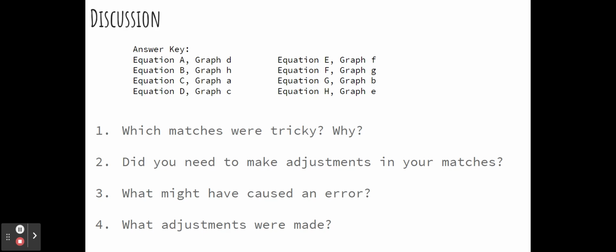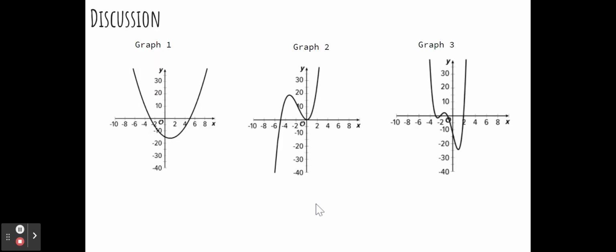Okay, so one thing that we need to talk about with these graphs is, let's look at these three right here. The first one, hopefully you can see that the shape of this graph is a parabola. If you looked at the equation, the highest degree, or the highest exponent value, would be a 2, x squared, to give you a graph that looks like this.